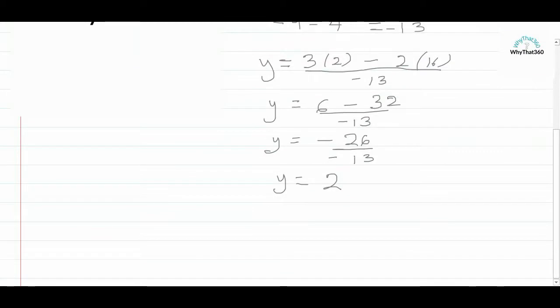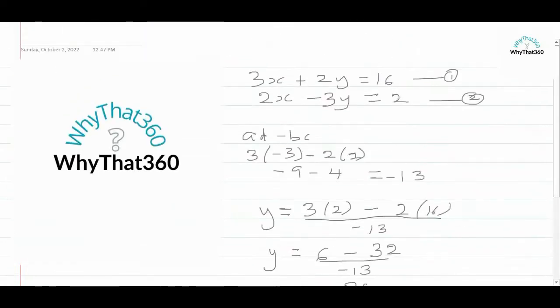To find the value of x, we will do the other trick. I said to find the value of x, we will start from the bottom. We are not going to consider the x terms; we are going to consider the y terms. So starting from the bottom here, y starts from equation 1, x starts from equation 2. So we will start with this negative 3 here, and it's also like cross multiplying.